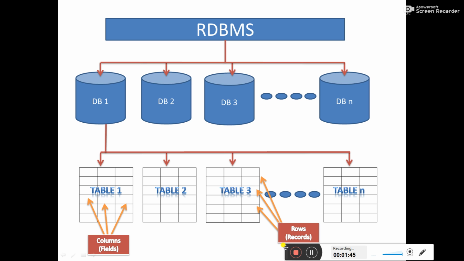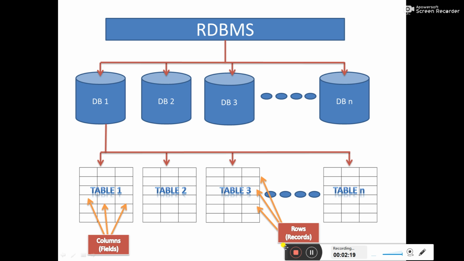In one RDBMS, you can create multiple databases, like database 1, database 2, database 3, and so on, database n. These are the databases which are created in RDBMS software like Access, PSQL. So you can create multiple databases in one RDBMS software.